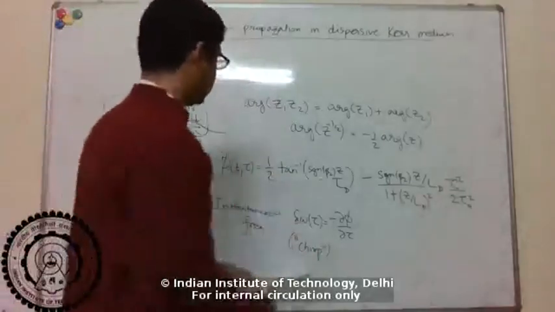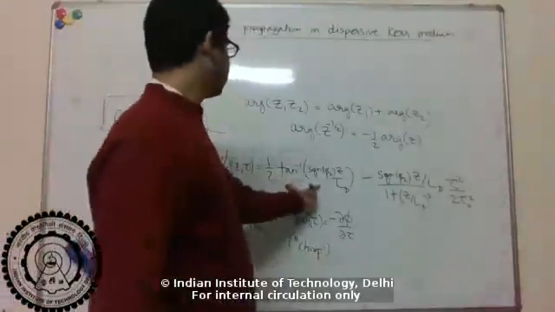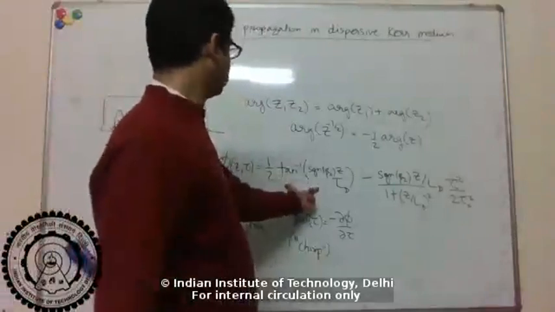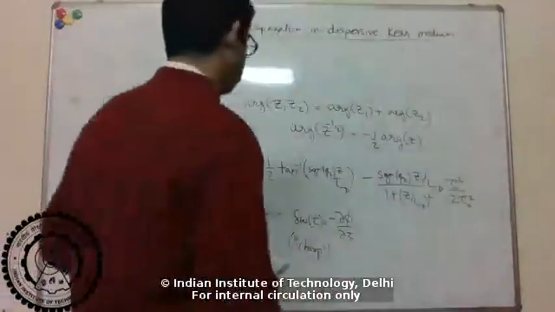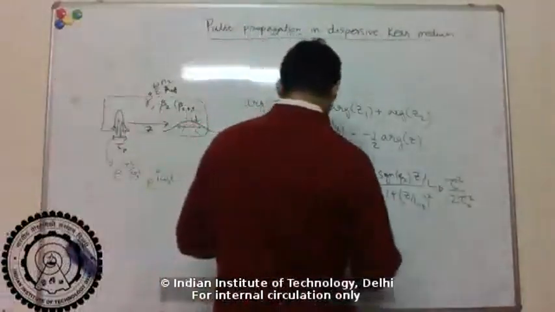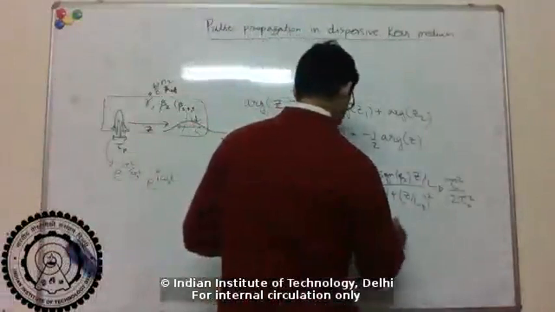Right. So if we take the derivative here, the first term is independent of tau. Only the second term has tau.